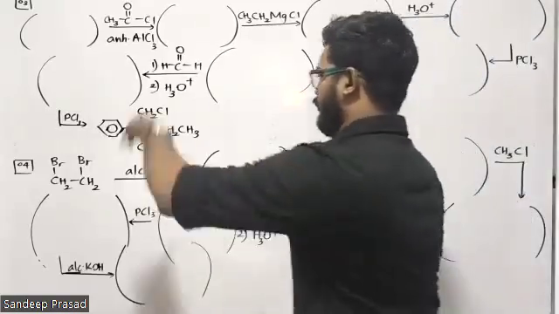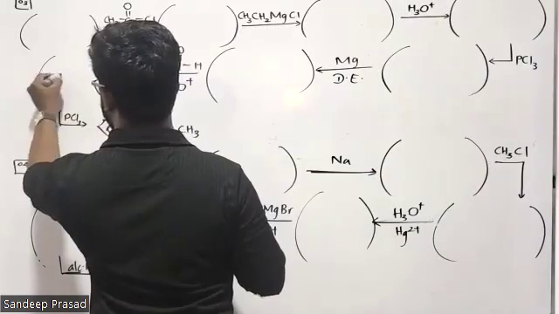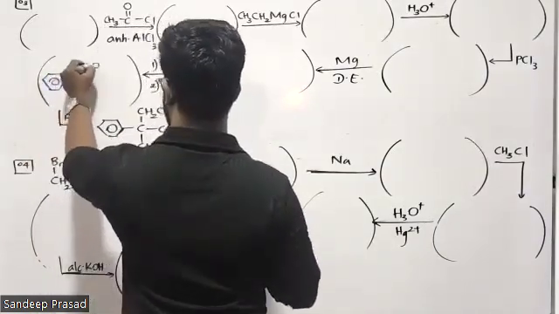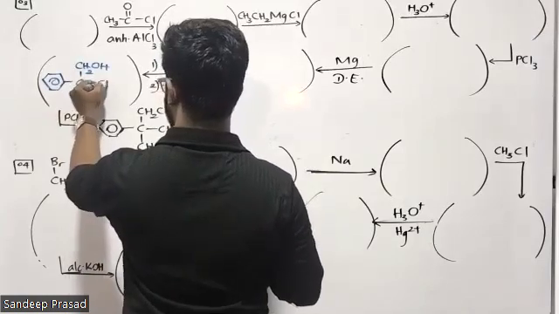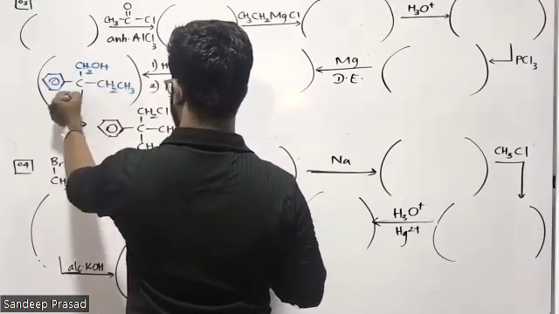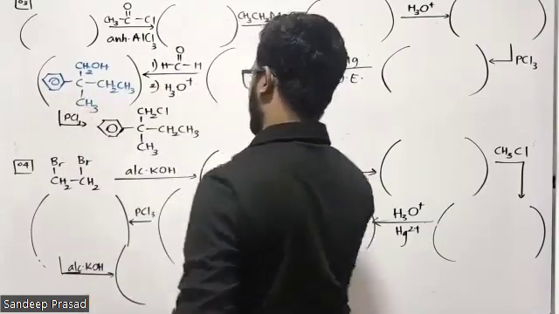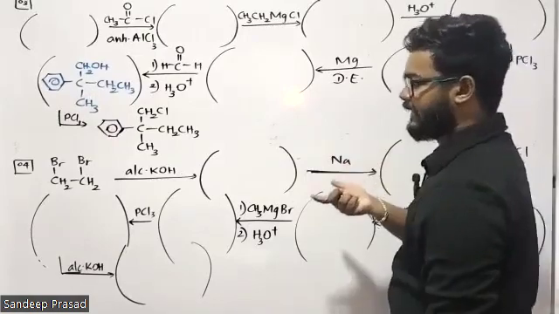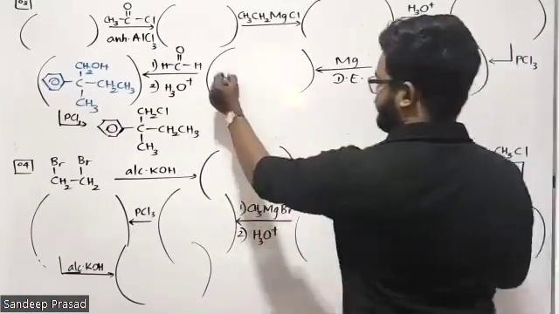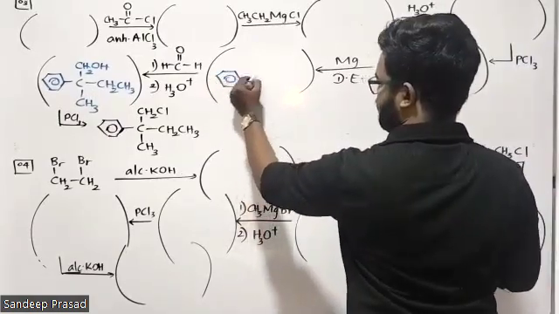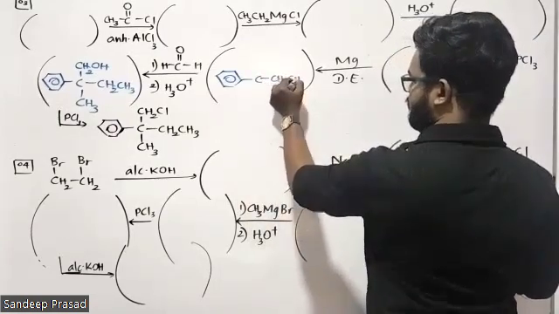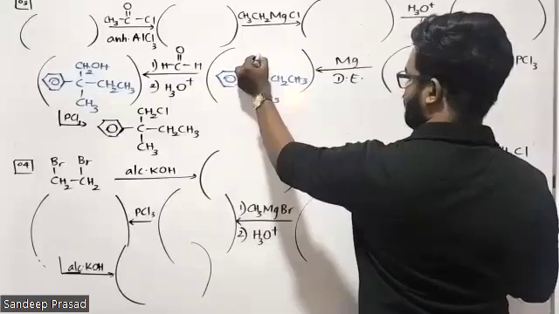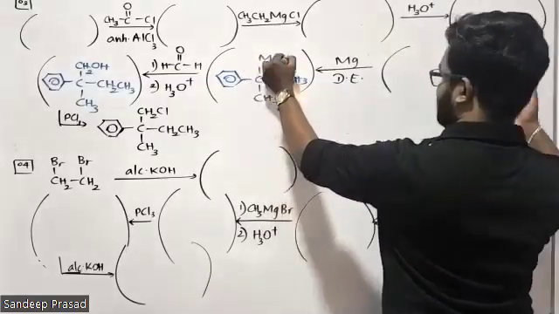In the third one, we have to go in reverse. Benzene, CH2OH, CH2CH3, and here we have CH. Before this one, we have a Grignard reagent, right? So what is the Grignard reagent? Benzene, CH3, MgCl, right?